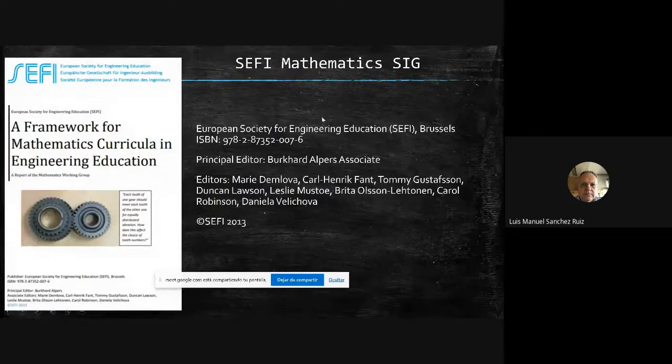As a consequence of this working together, the mathematics working group took the challenge of studying in depth the importance and the relevance and what is a mathematical competence, mainly thinking about engineering education, but their principles may apply to other parts and other disciplines.